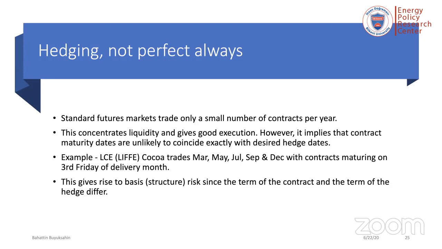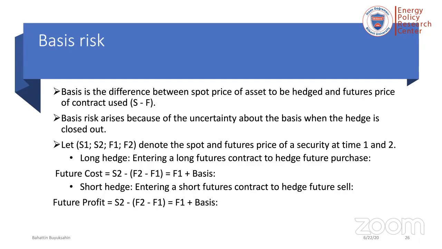Since there is no futures contract on jet fuel oil, the airline company tries to find an asset underlying a futures contract which is highly correlated with the asset to be hedged. Maybe it is heating oil, where the correlation is about 90%. The high correlation results in low risk and high hedge effectiveness, but still there is a basis risk there. The basis is the difference, as I said, between the spot price of the asset to be hedged and the future price of the contract used.